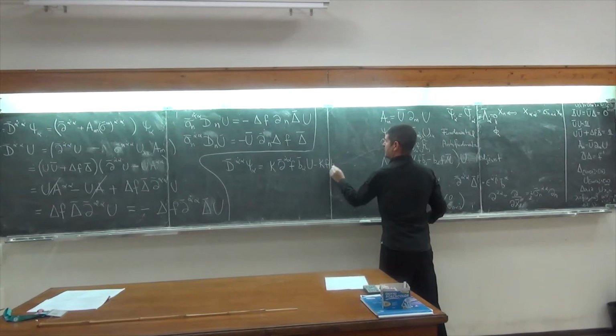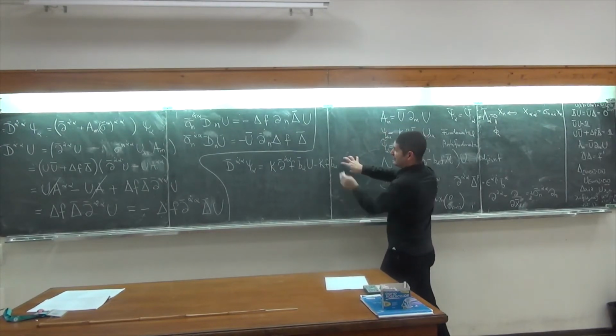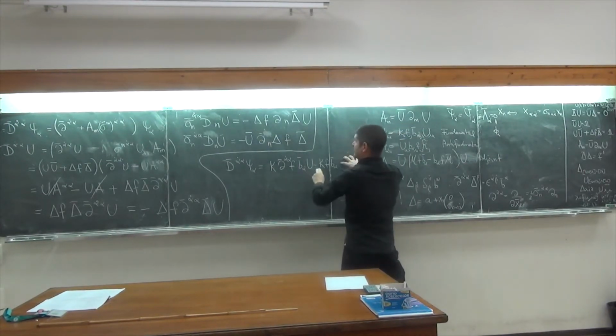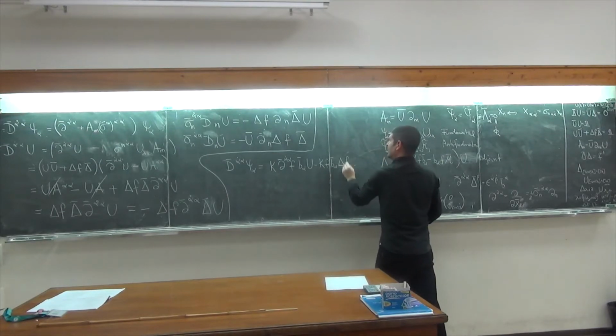K f p bar alpha, and then acting is D of u. D of u is this, minus delta f p alpha dot alpha delta.